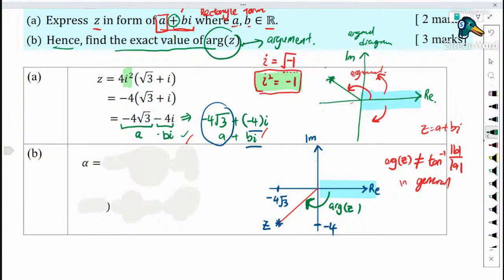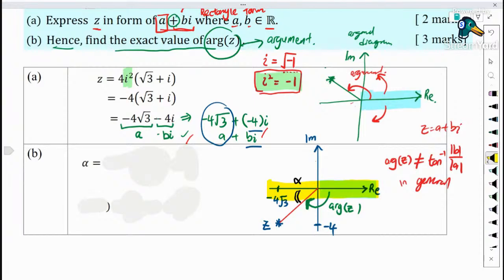In order to get this argument, for this case I need to do some calculations. We calculate this angle here, alpha, which is the angle between the real number axis and this red diagonal line.